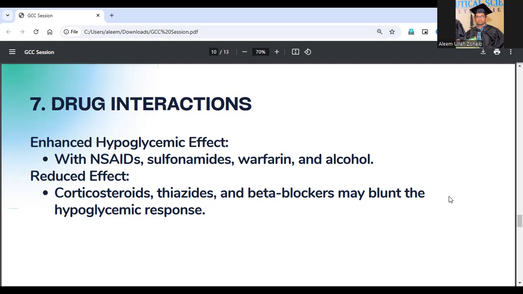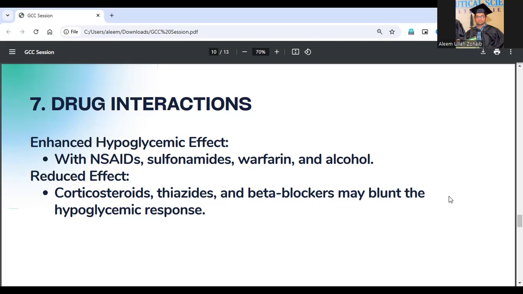The metabolism will be slow and the drug excretion becomes slow. When the drug is excreted slowly, it stays in the body for a longer time and causes enhanced therapeutic action and enhanced hypoglycemic effects.